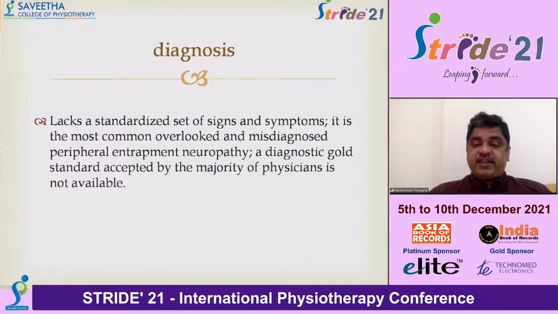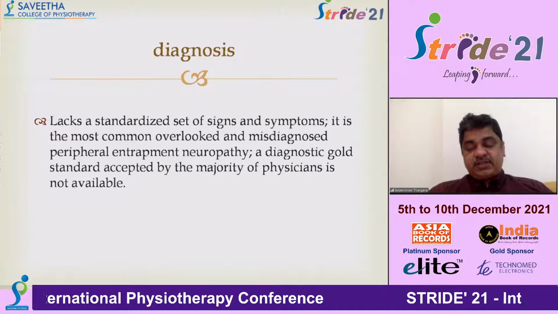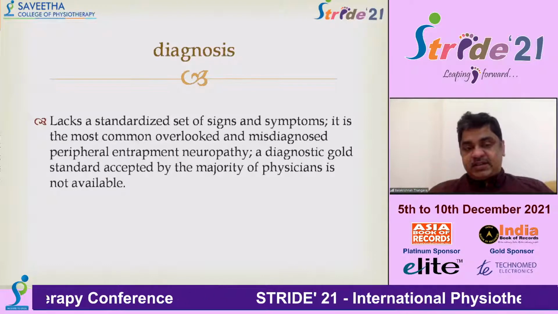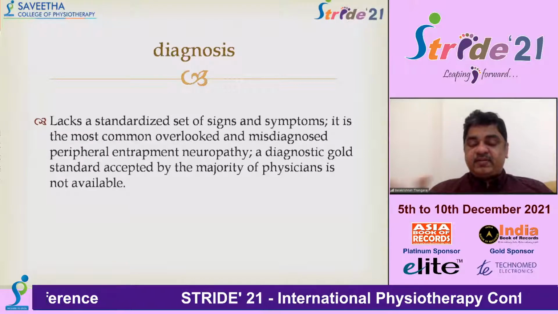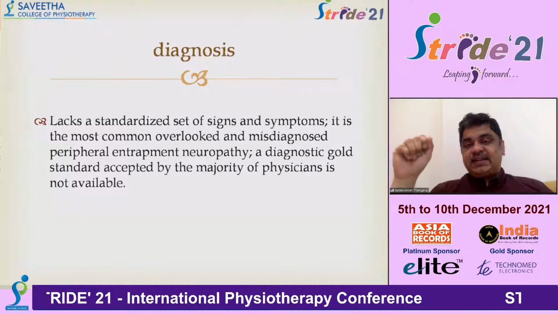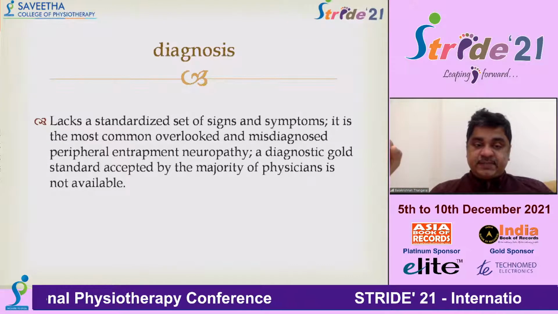Of course, we have various special tests and diagnostic procedures, but those are all to eliminate conditions and to pinpoint this condition. We cannot reach it in isolation unless we rule out all other conditions.